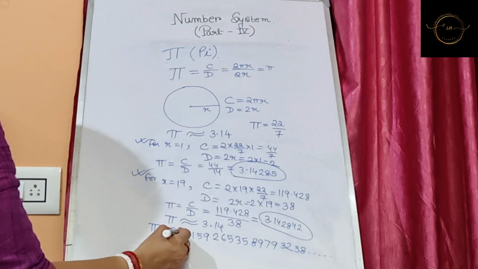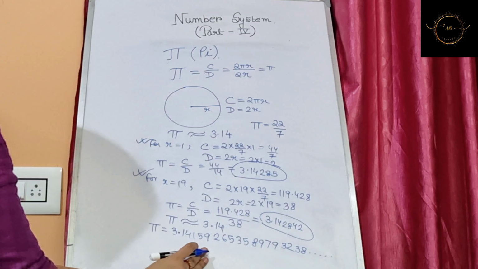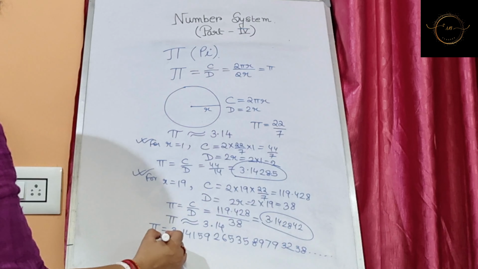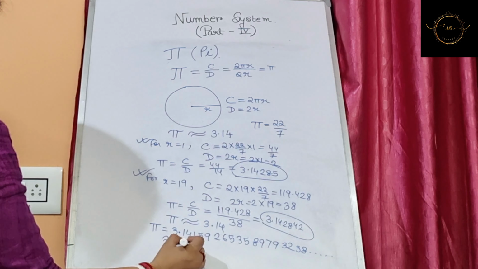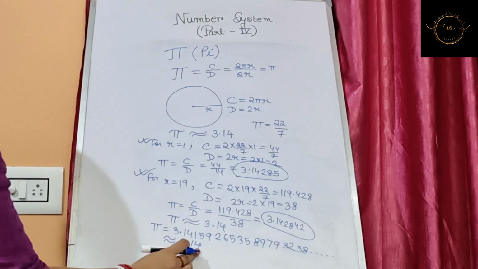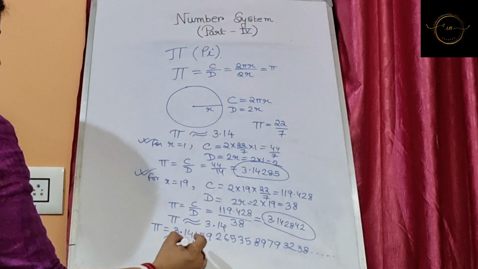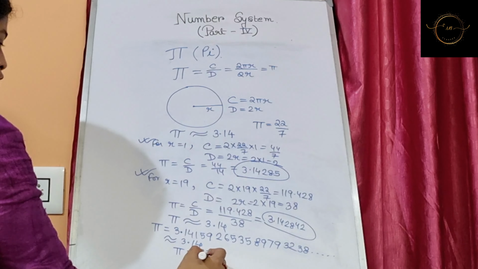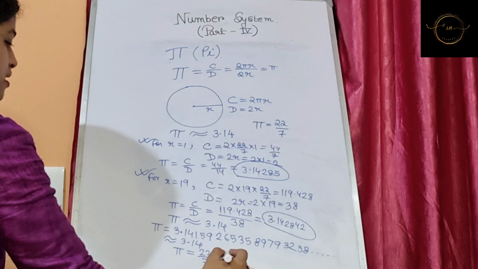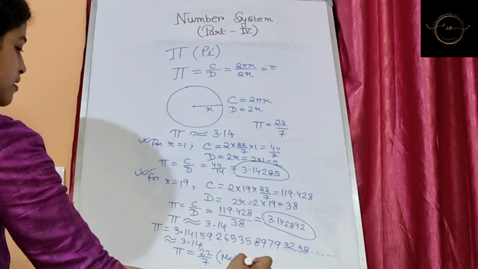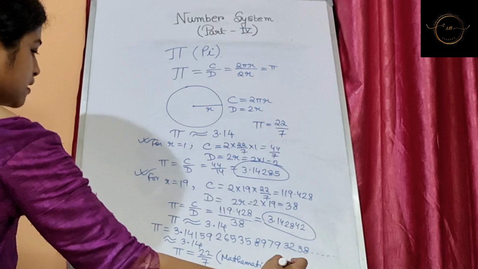Therefore, we cannot use such a big value for any calculations or higher mathematics. Therefore, we approximate it as 3.14. So to simplify the calculations, we take pi as 22 by 7 just for mathematical calculations, nothing else.